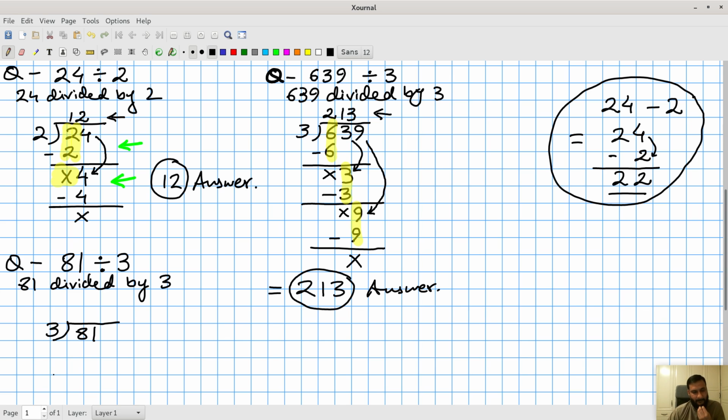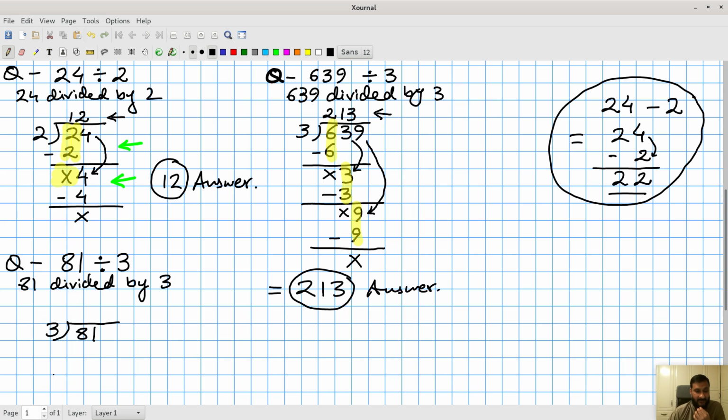So now we see what is the number which gives us 8 in 3's table. 3 1s are 3, 3 2s are 6, 3 3s are 9. We don't get 8. We get two numbers which are neighbors of 8. One is 6, which is closest, and the other number is 3 3s are 9, which is also close to 8.